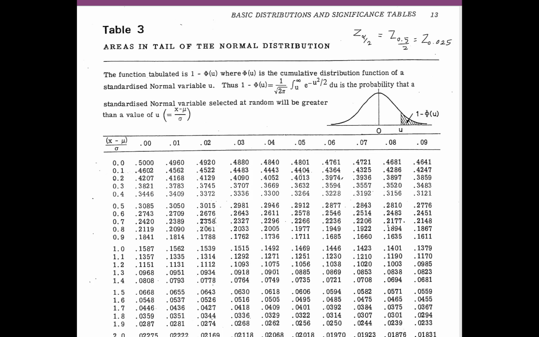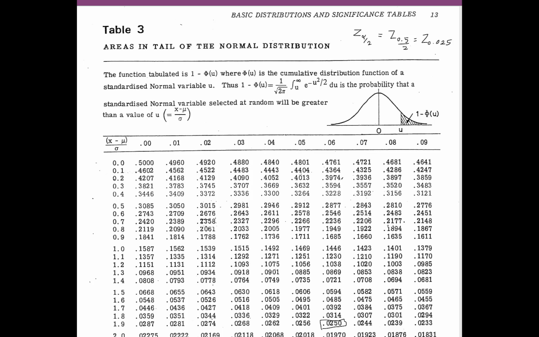Okay, then we want to look for the critical value. Now 0.025 is the probability, so it's around here. So we are looking for 0.025. Okay, now we have here 0.025. So we have the probability 0.025 is here.